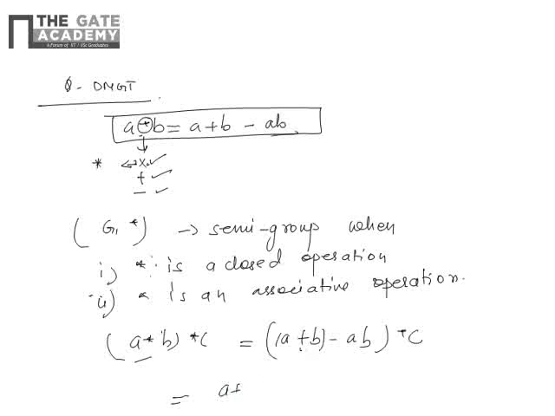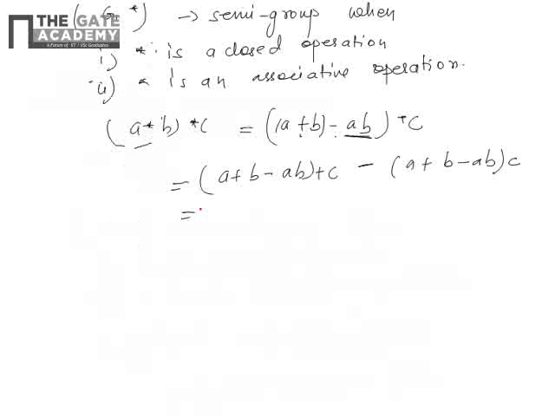So it will be A plus B minus AB plus C, and then this minus AB is considered. So minus, again between A and B multiplication is the operand. So it will be A plus B minus AB into C. Now if you simplify you will get A plus B plus C minus AB minus BC minus CA plus ABC.